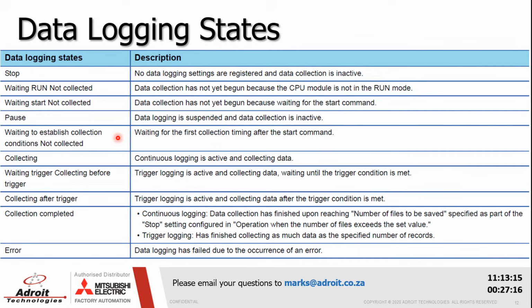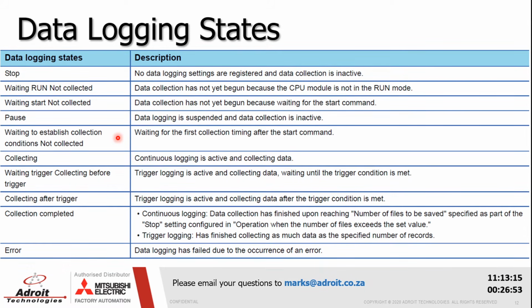Pause, that is when it's on pause, not being collected at the moment. Waiting to establish a connection, not collected, that's waiting for the first timing of the start command. So that's waiting for it to start up for the very first time. Collecting, that's continuous logging is active and it's collecting your data for you.